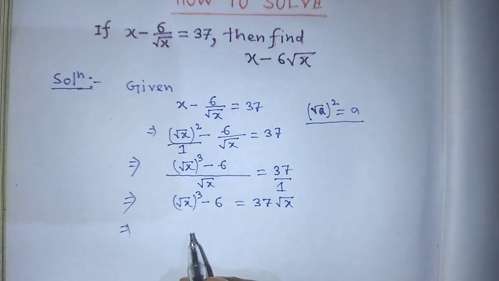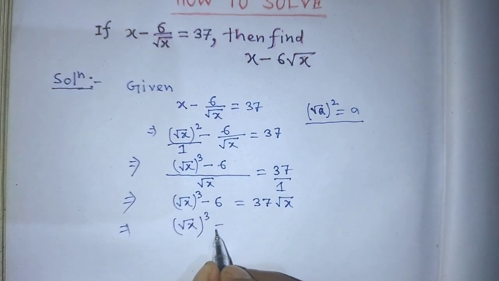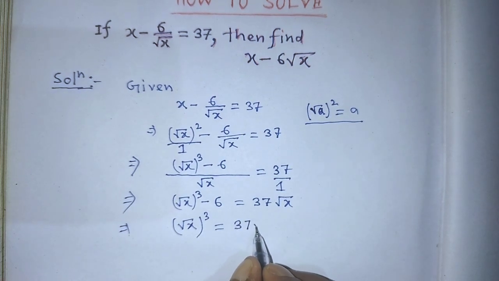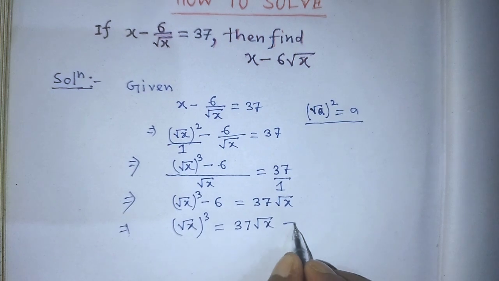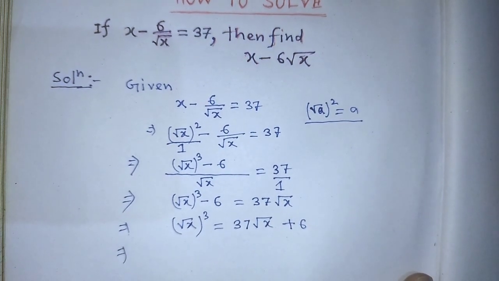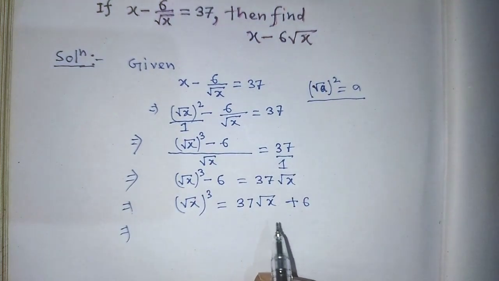So on the left hand side we write root of x whole to the power 3 is equal to, on the right hand side, 37 root of x plus 6. Now we have to add 6 cube on both sides.